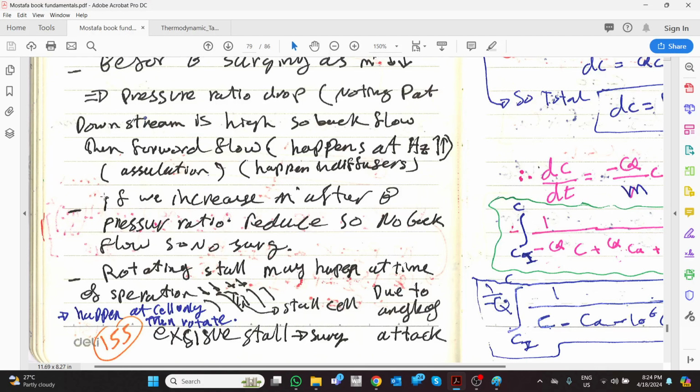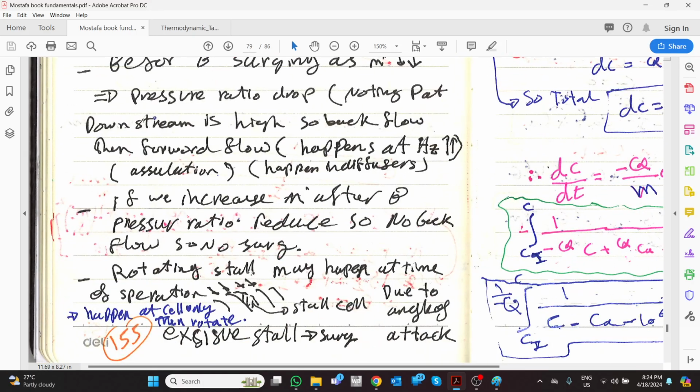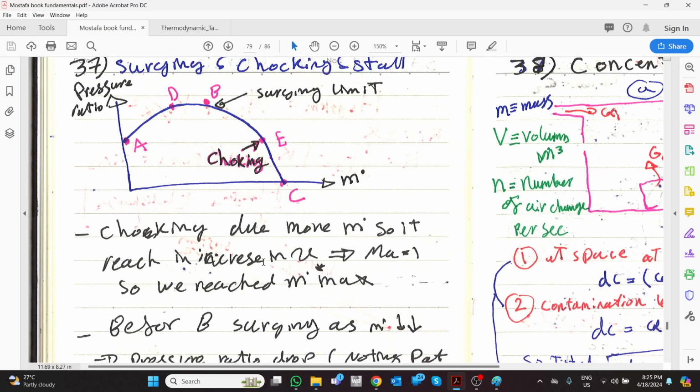If we increase after B, the pressure ratio reduces, so there is no backflow, so we are safe. No surge, which is safe.